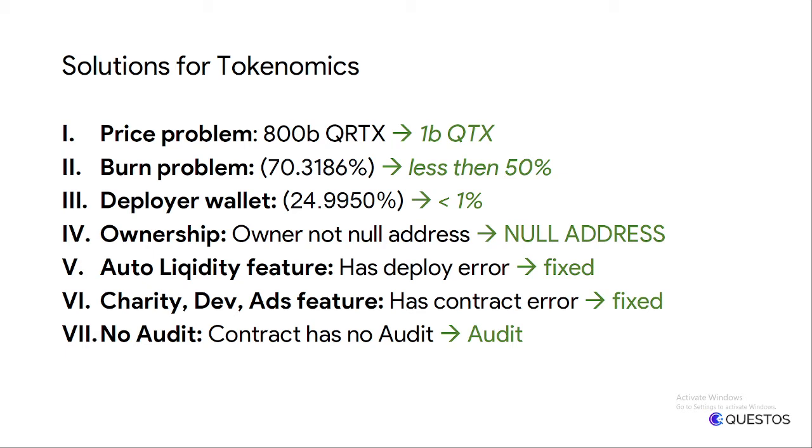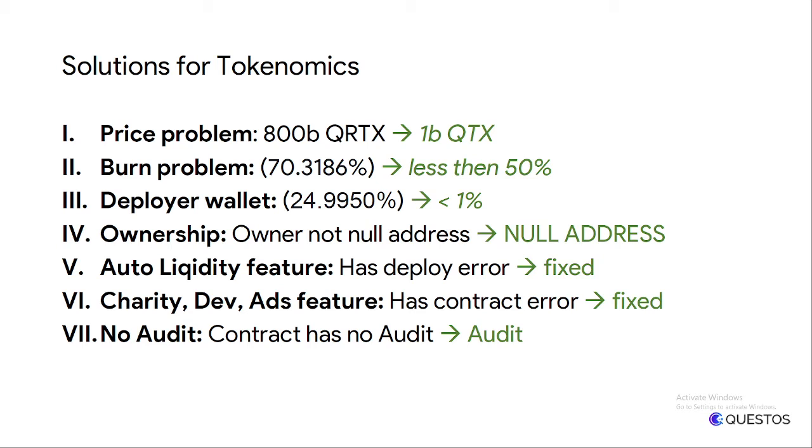We also should make clear that we do not burn more than half, which is also a big problem because it looks really shitty and is a sign for some people that this is a strange coin. The deployer wallet should not have this large an amount of tokens, so it should be under 1%.